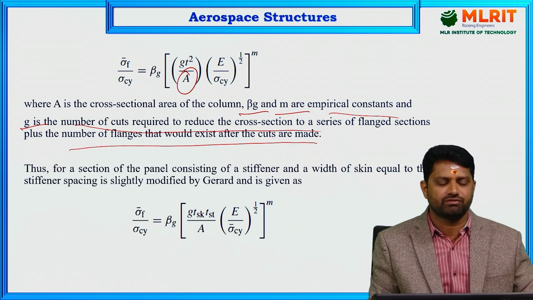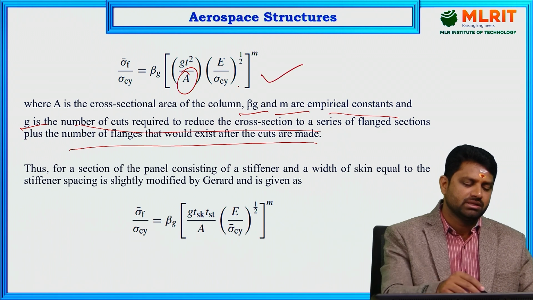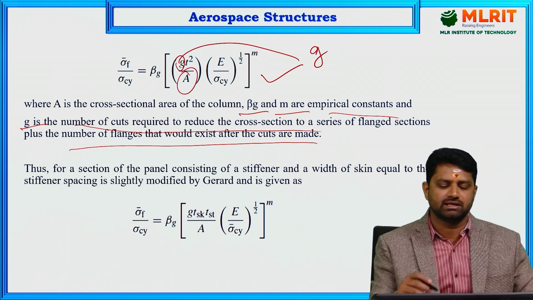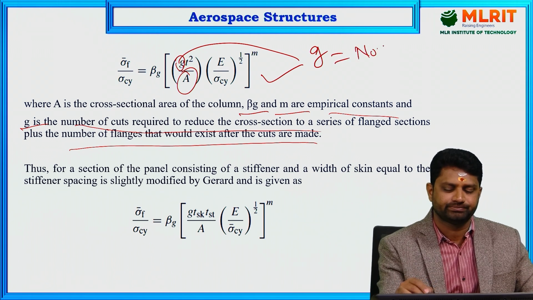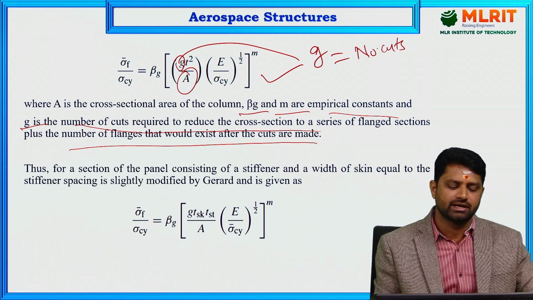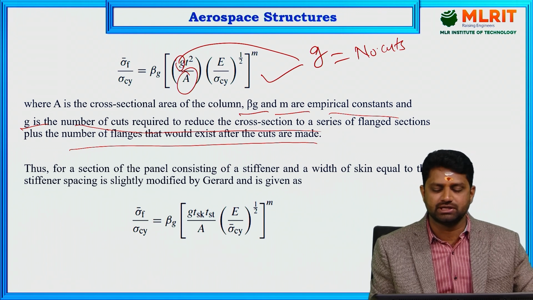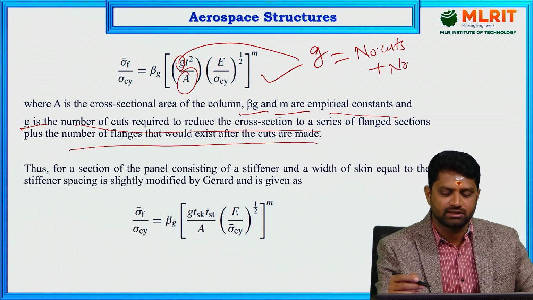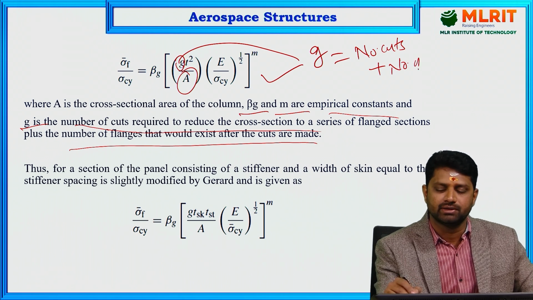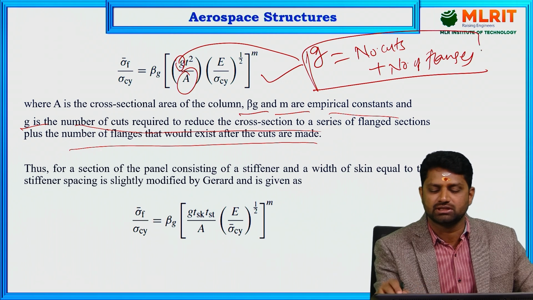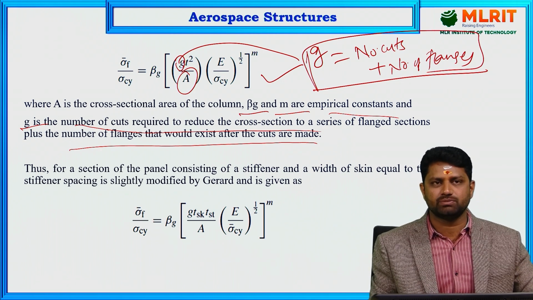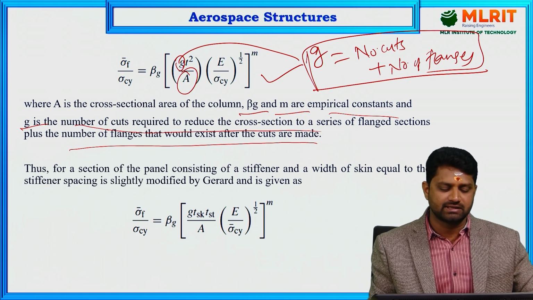So in this whole formula, the prediction of the value of G is very, very important, because G is nothing but the summation of the number of cuts that are required to reduce the cross section to a series of flange sections plus the number of flanges that would exist after the cuts are made. So G is the summation of these two.